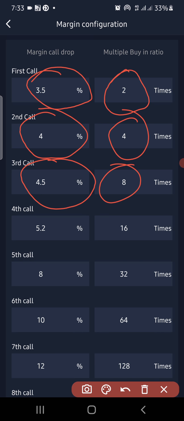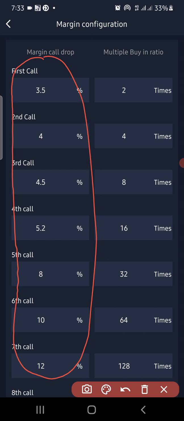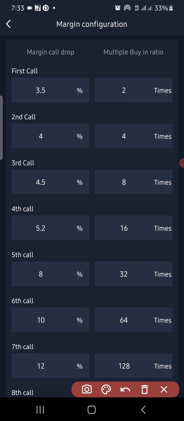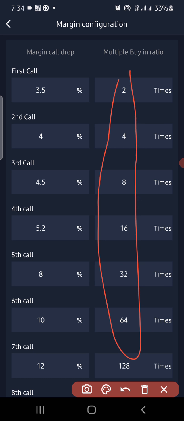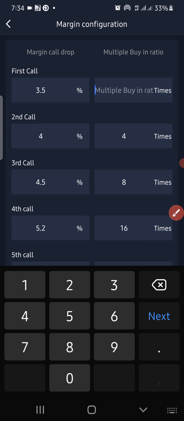Now, if I'm dropping a trade signal, don't tamper with this portion. You will have to adjust this portion based on the amount of USDT you have to trade the coin. Adjust only this point based on the amount of USDT that you have. The more USDT you have, the more multiples you can put here.